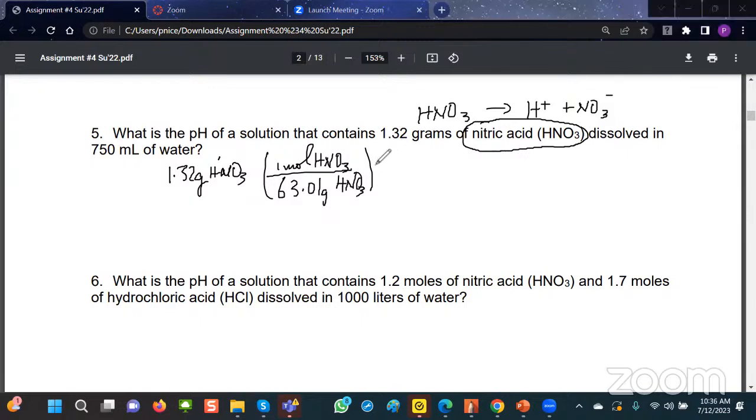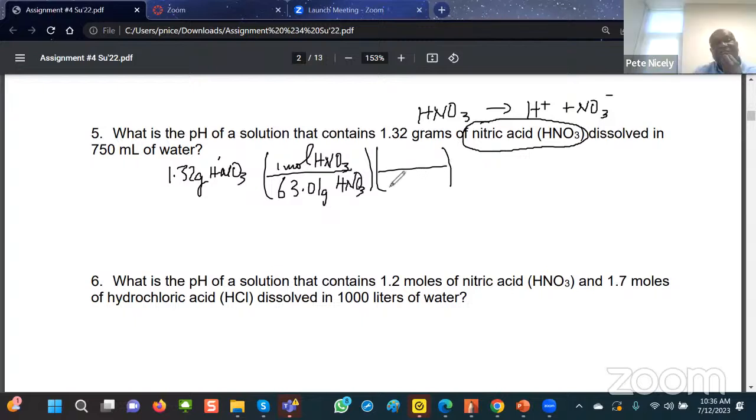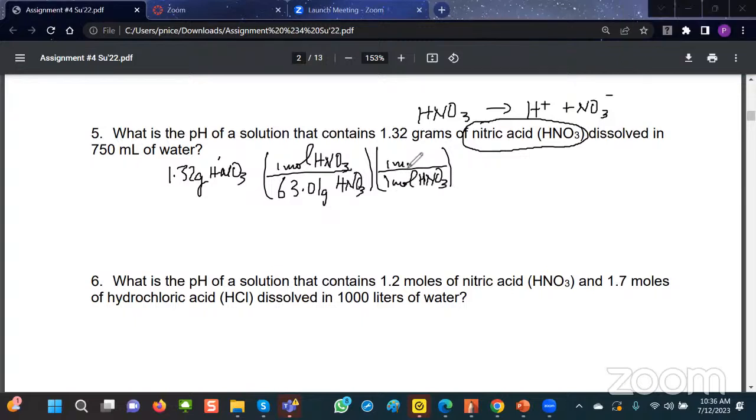You would set up the molar ratio to cancel out the HNO3. I think what you mean is that I put 1 mole of HNO3 down here, and 1 mole of H plus above. Very good. What's the next step?